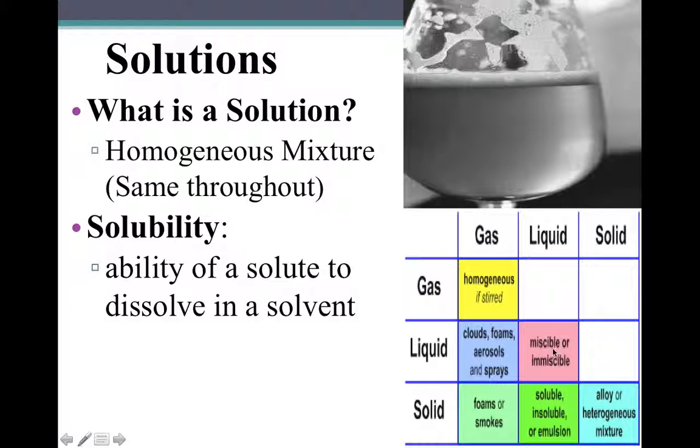And liquid in a liquid means it's miscible. Okay, solid into a gas would be smoke or the particulate particles. Solid into a liquid would be some kind of insoluble particle in there, sort of like that precipitate that fell out. Or solid into a solid would be making stainless steel pots and pans.